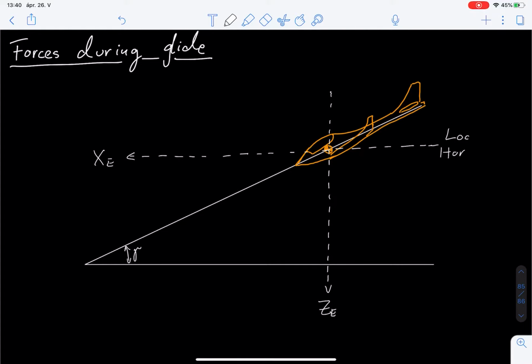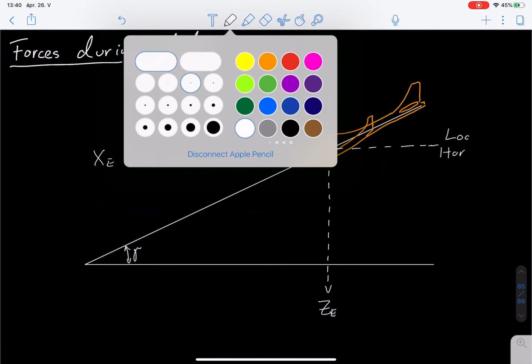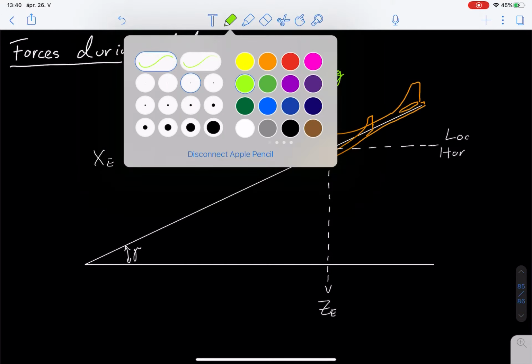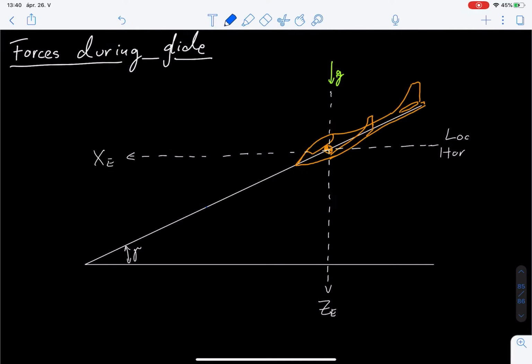Okay, so of course, if that's true, we're going to have gravitational acceleration acting in the vertical direction, in the vertical axis of the Earth. And since we're going to have the undisturbed airflow, relative or undisturbed airflow coming from the longitudinal direction of the aircraft, right? So V_y and V_z.